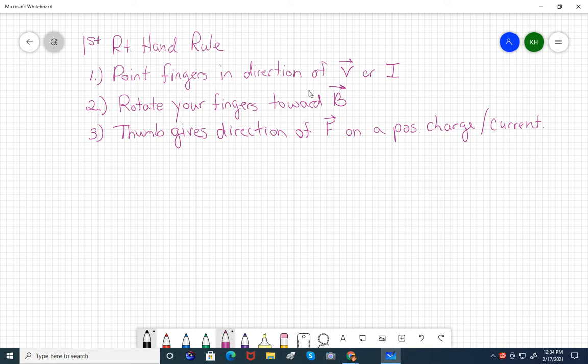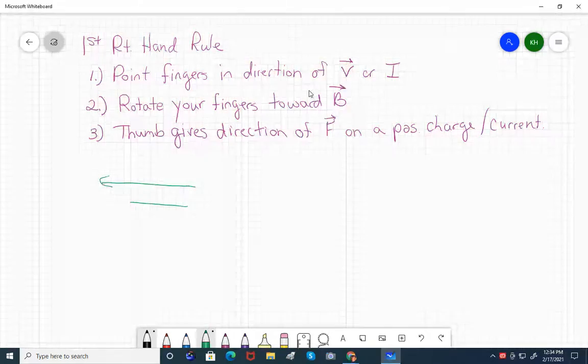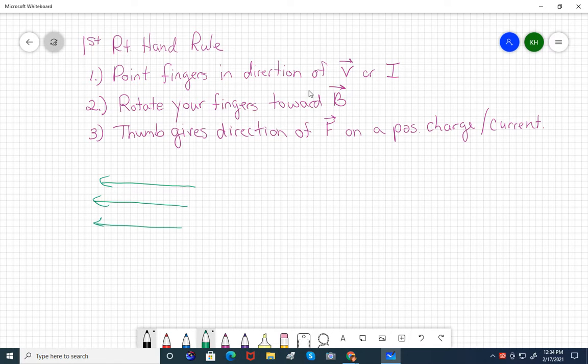opposite direction. So for example, if I have a magnetic field and it happens to point to the left, and I have a current that happens to point in this direction, I'm going to put my fingers of my right hand pointing along this current, and they'll need to rotate towards B. So they'll have to rotate this direction.